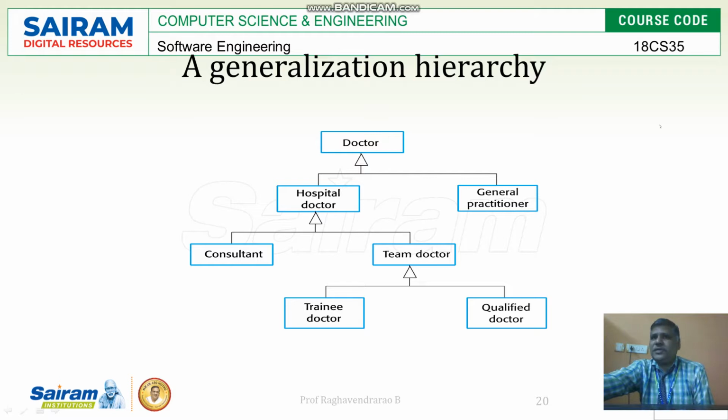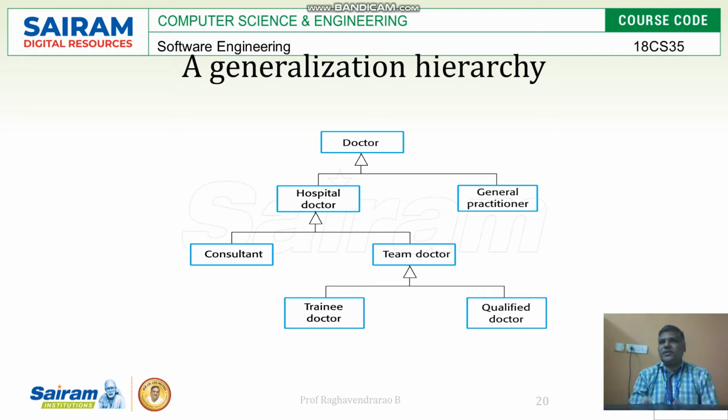Now you see here, the generalization history is there. This doctor is there. There are 2 types of doctors: hospital doctor and general practitioner. In the hospital doctor, we have consultant as well as team doctors. Under team doctors, trainee doctors and qualified doctors are there.